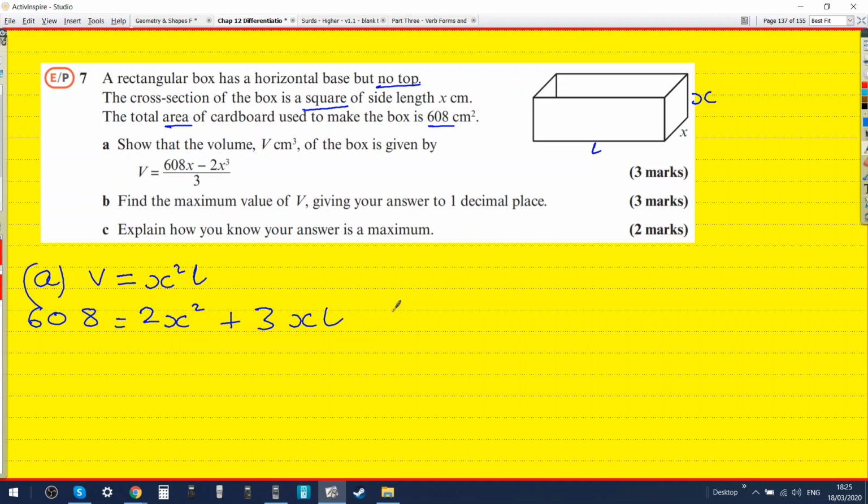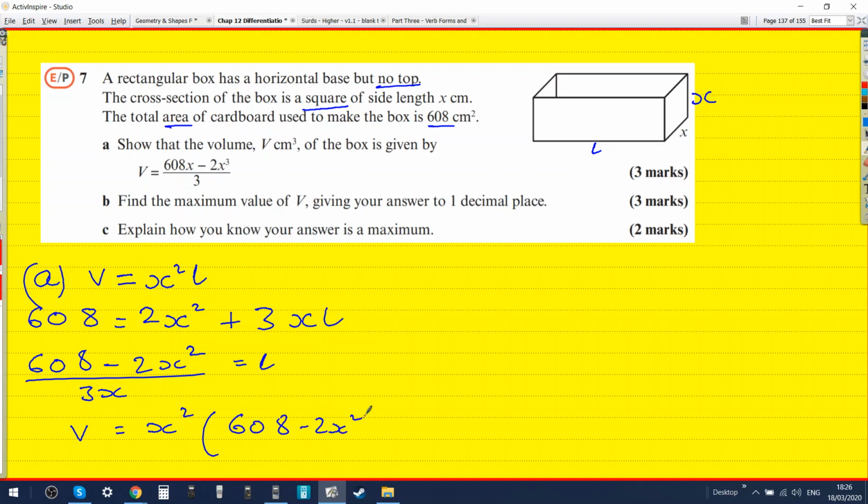It's 608 minus 2x squared divided by 3x, maybe, is equal to L. So then you would do v equals x squared and then sub that in for L and then expand it.